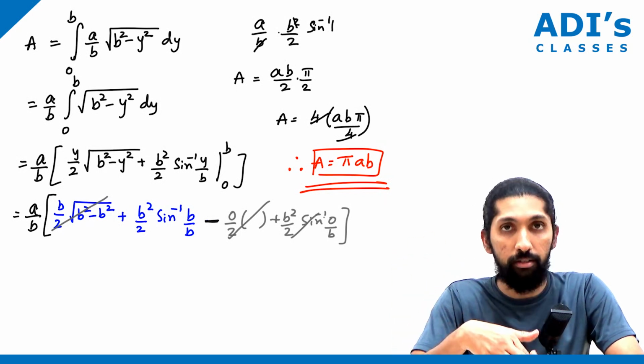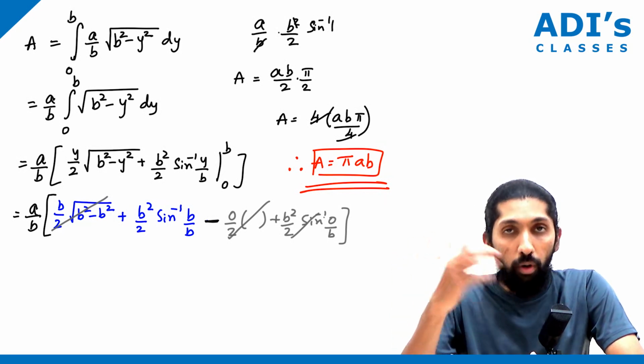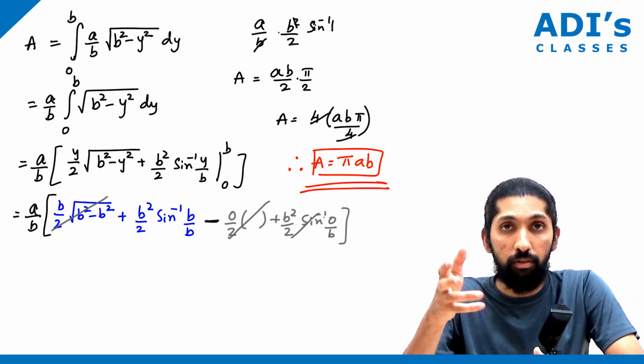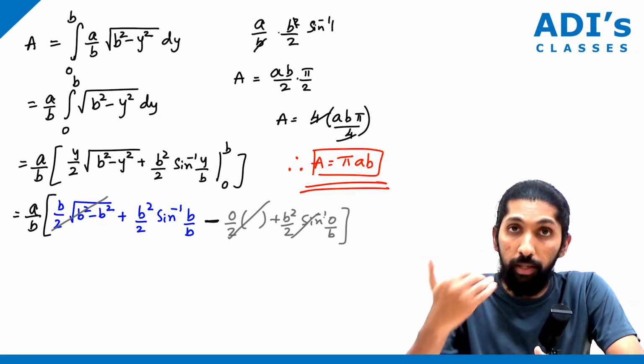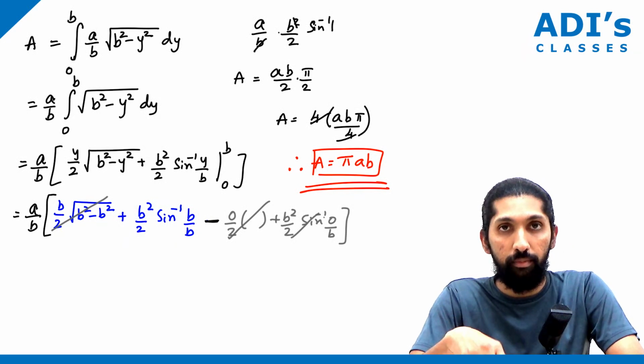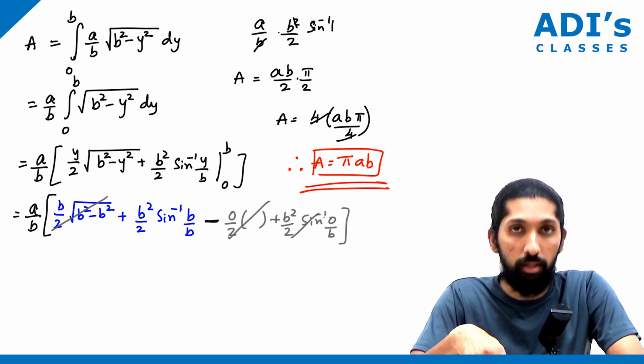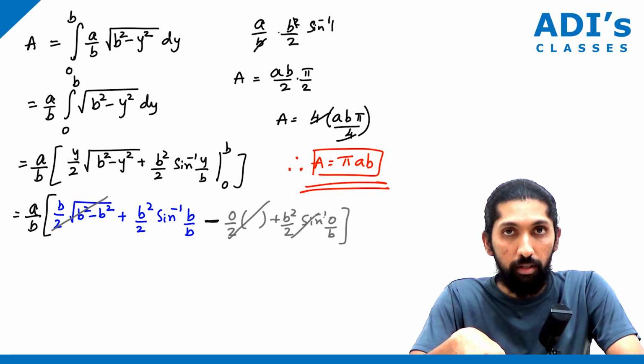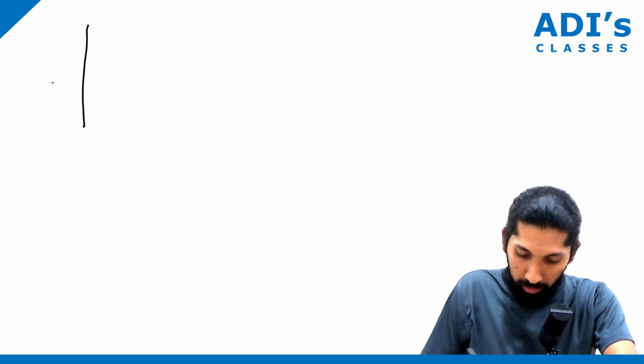Application of integrals. Now, what if you have curves or values which are below the x-axis? Now, area cannot be negative, correct? So in such scenarios, we use a modulus sign. Fair enough? For example, if you have a graph, see, something like this.